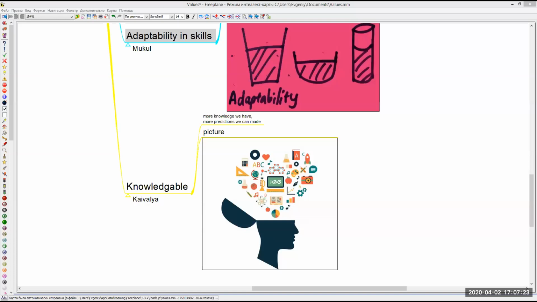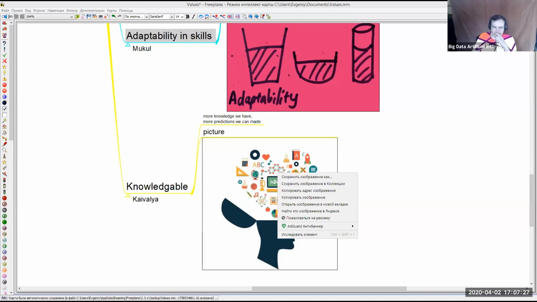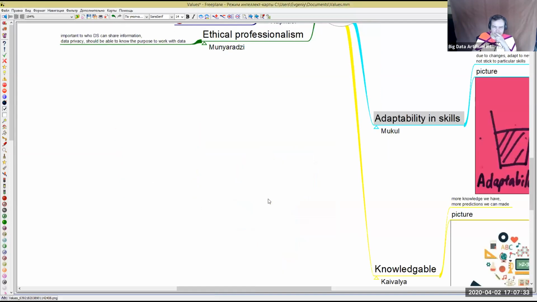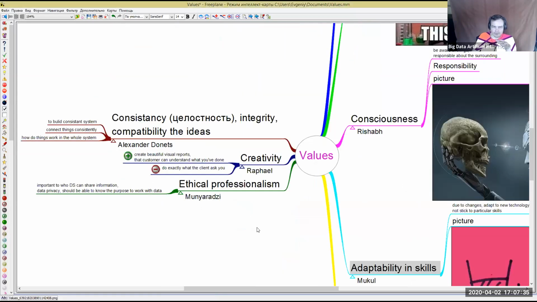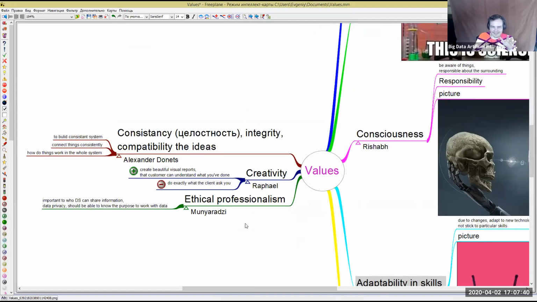Consistency from Alexander. Okay, that's the picture, yeah. Consistency. Moniraj, also about ethical professionalism. It's challenging to find the picture.